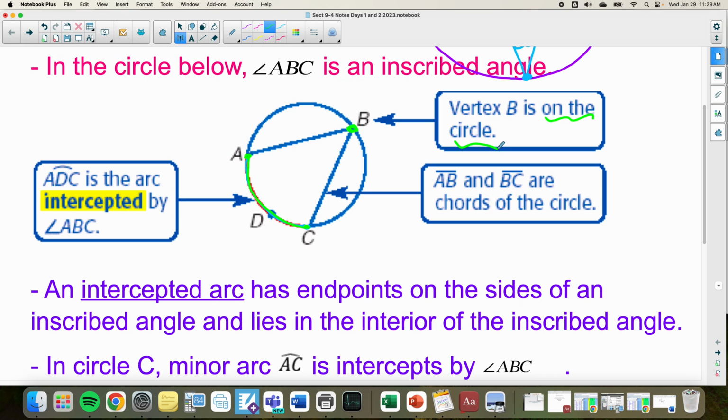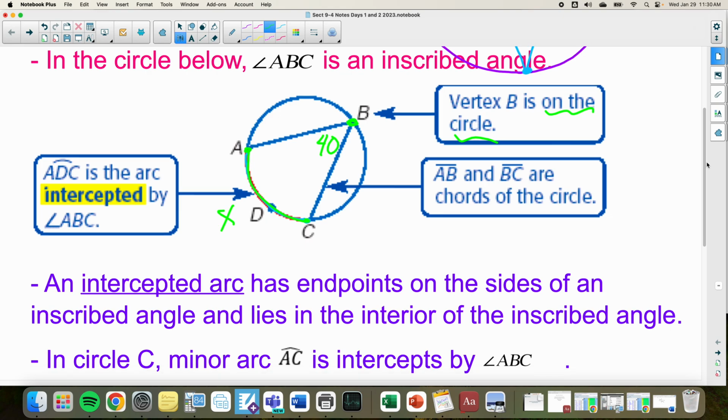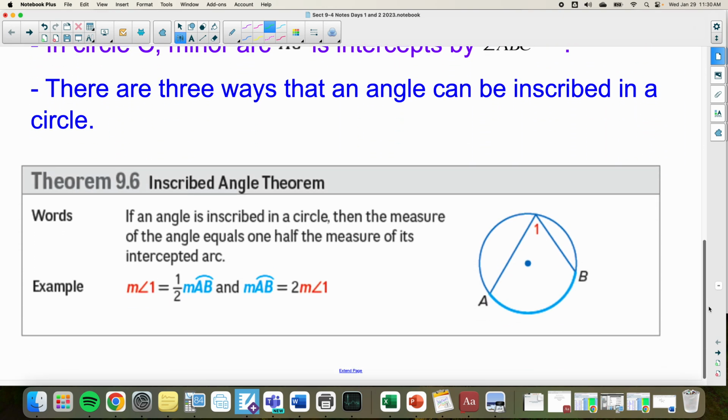So if I told you this was 40, what do you guys think that would be? 80. Okay, that's the big rule that we're going to talk about. So that's what this inscribed angle theorem says. If you know the arc and you're looking for the angle, you divide by 2. If you know the angle and you're looking for the arc, you multiply by 2.